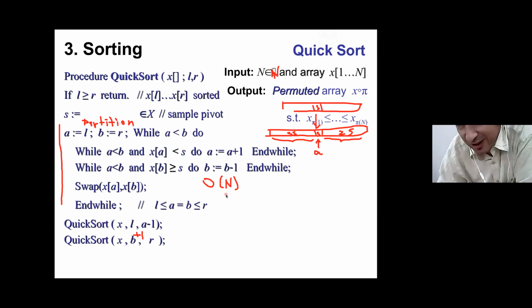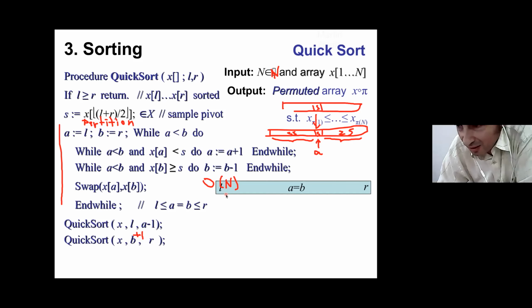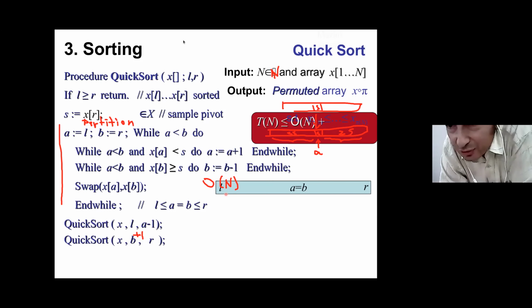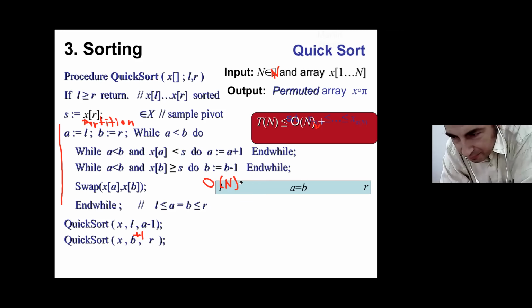Now why is this bad? Let me try to make a complexity estimate of the quicksort.